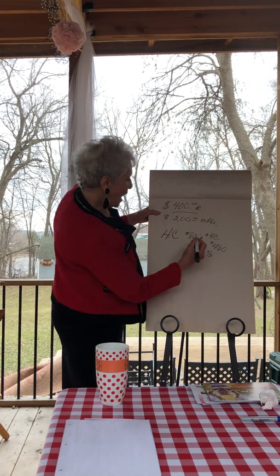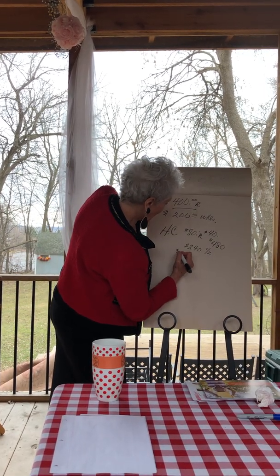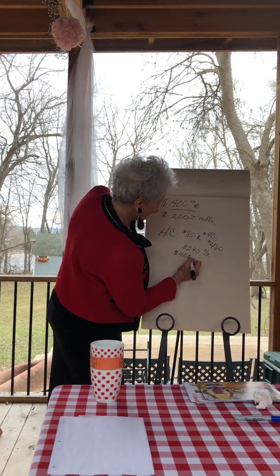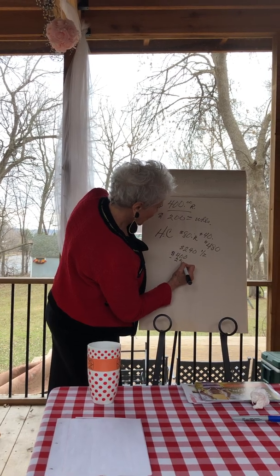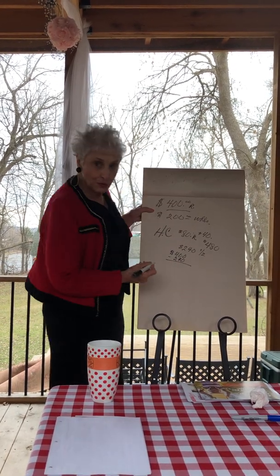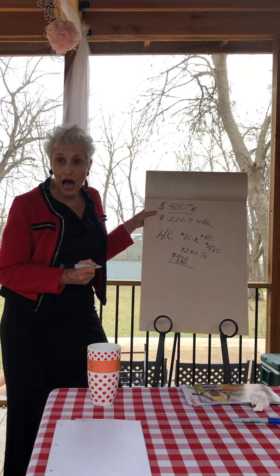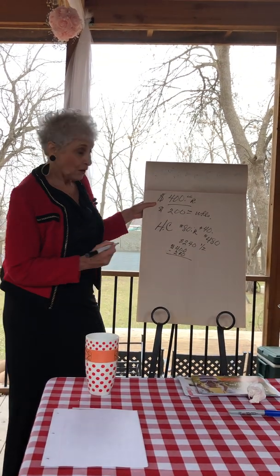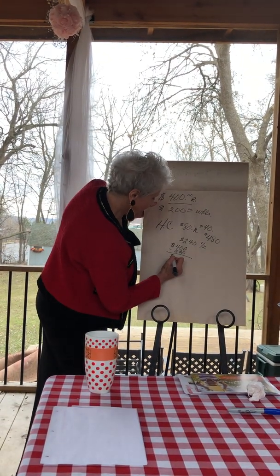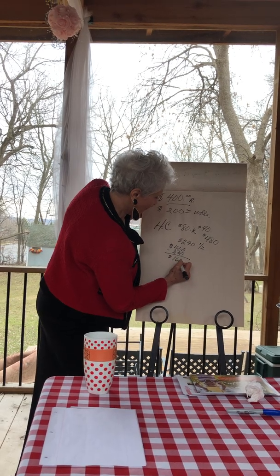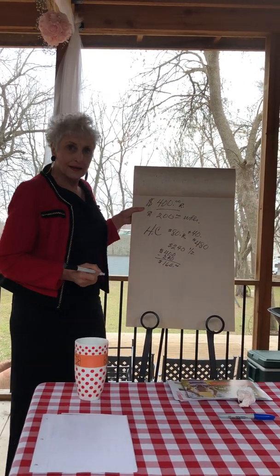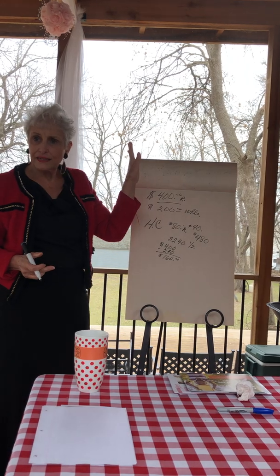Okay, and so out of 400, you got 400 in cash, minus 240, gives you a base profit of 160. Does that make sense? Okay, we've covered the hostess credit and everything like that.